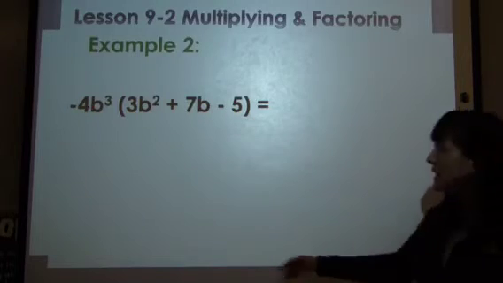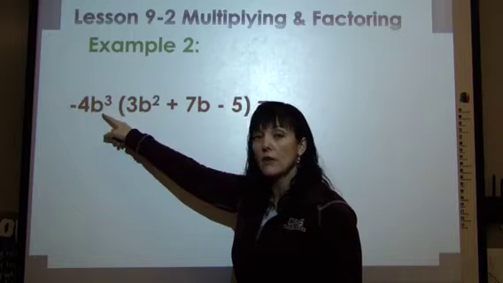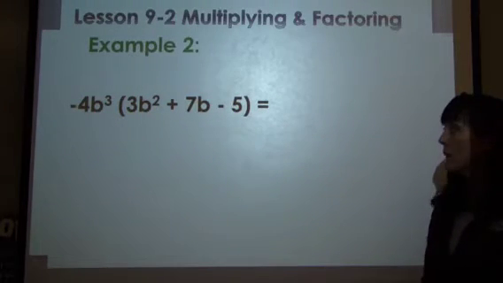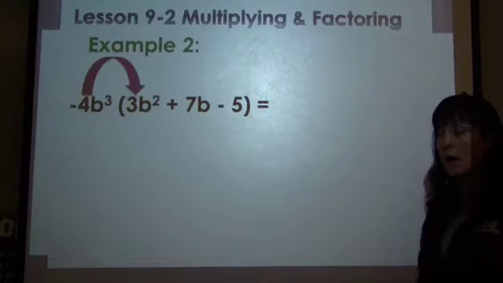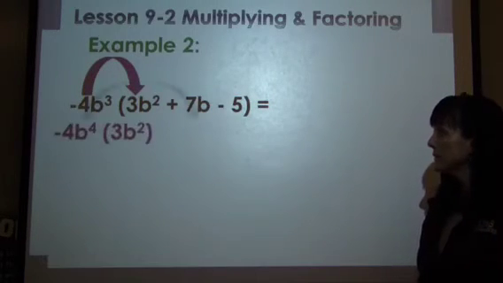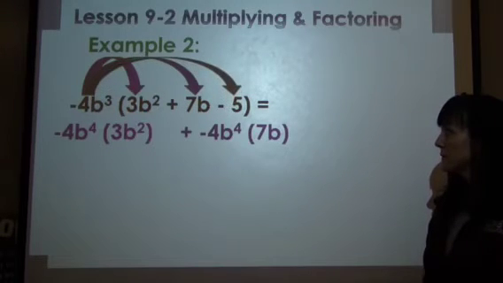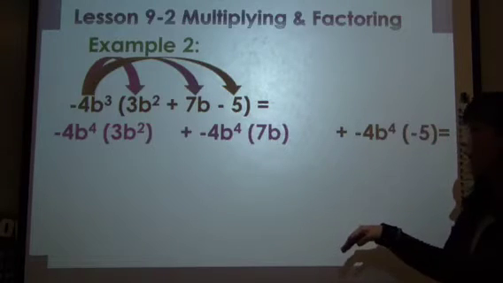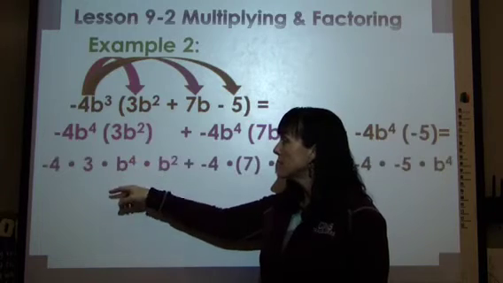Let's try another example. This one has a negative coefficient in front of our variable. So we're going to distribute the negative 4b to the third power to each term in the set of parentheses, just like we did in the last problem. And now we're going to bring it down, matching up like terms, our numbers and our variables.